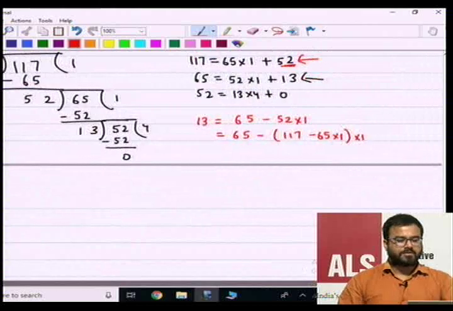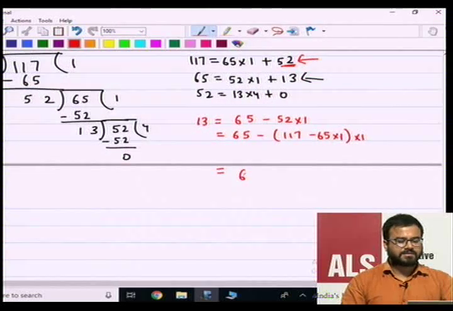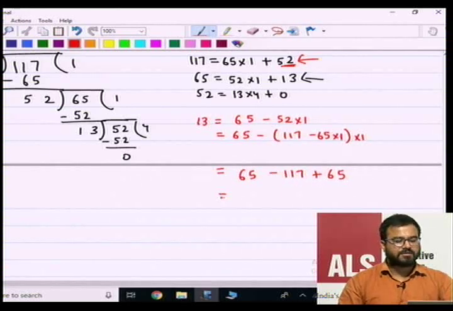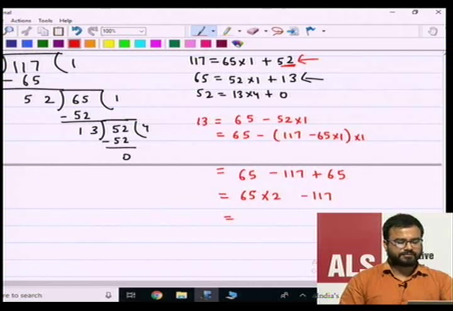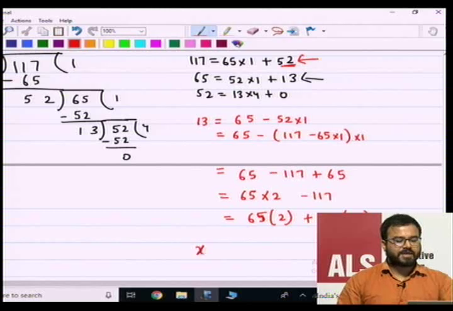Now we can simplify this as 65 minus 117 plus 65. On multiplying by 1 we get the same thing. So 65 into 2 minus 117, that is 65 into 2 plus 117 into minus 1. So we can say x is equal to 2 and y is equal to minus 1.